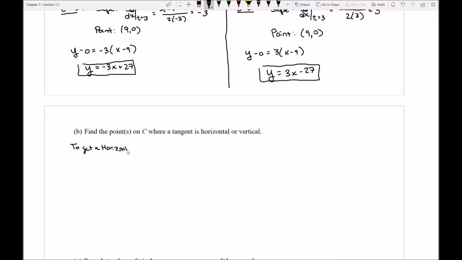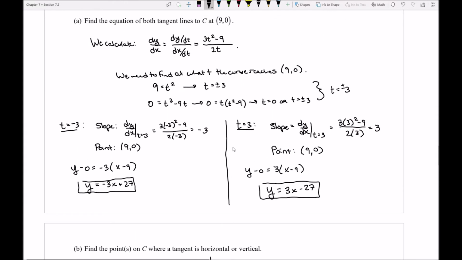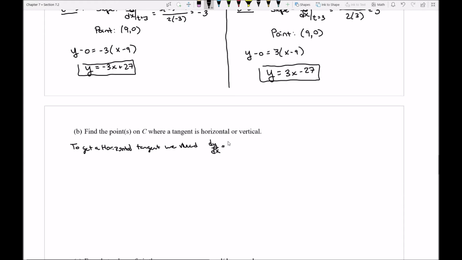So I know that to get a horizontal tangent, we need dy/dx, which was equal to, if I scroll back to the previous problem, 3t squared minus 9 over 2t, to come out equal to 0.